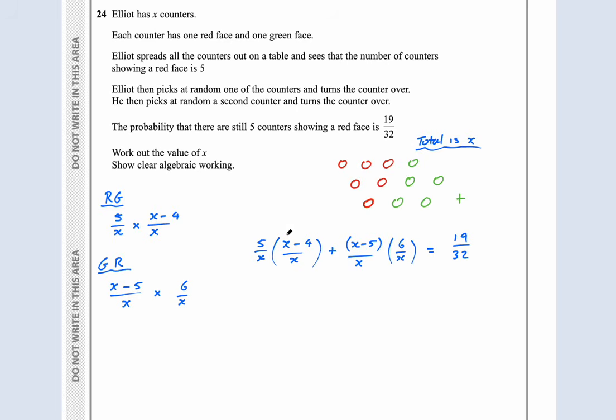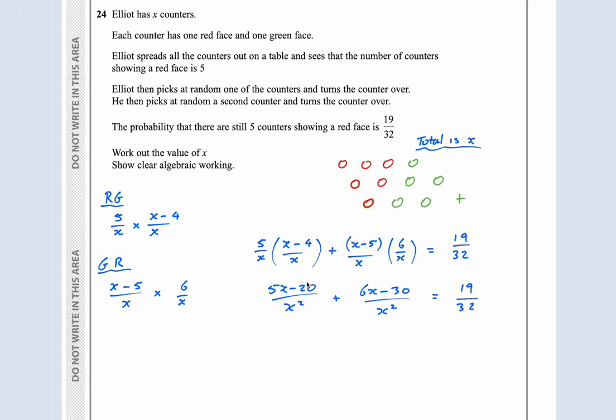Okay, let's multiply this out. This is 5X minus 20 over X squared, plus 6X minus 30 over X squared, equals 19 over 32.